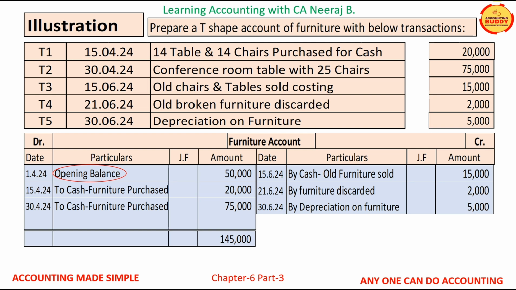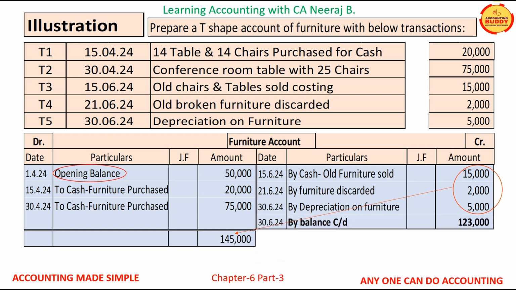Now if we deduct the lesser credit side transactions from the total of debit side transactions of 145,000, we will be left with a closing balance of 123,000 as on 30th June 24, and is represented as by balance carried down.